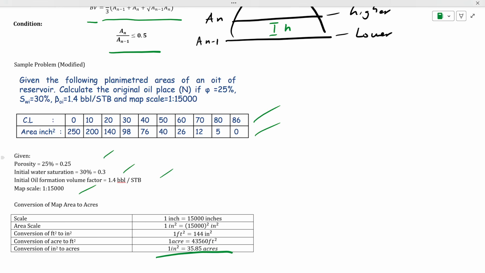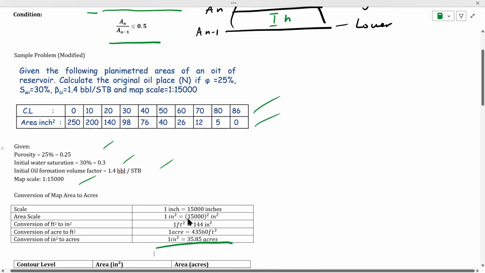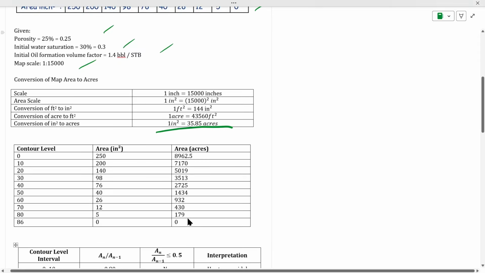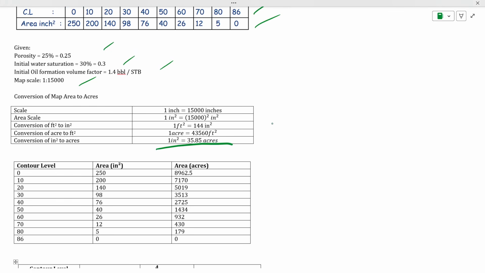Just simply use that to directly compute the given inches squared area to acres for each contour level. So this is the computed acres for each contour level.